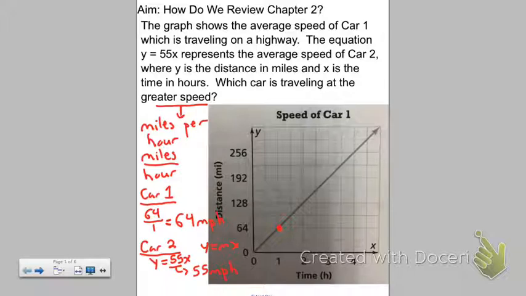Now we need to know which car is traveling at the greater speed, the faster speed. 64 miles per hour compared to 55 miles per hour means that car 1 is traveling at a greater speed.